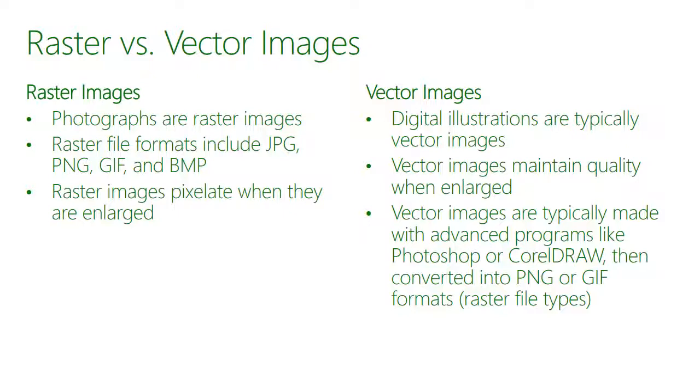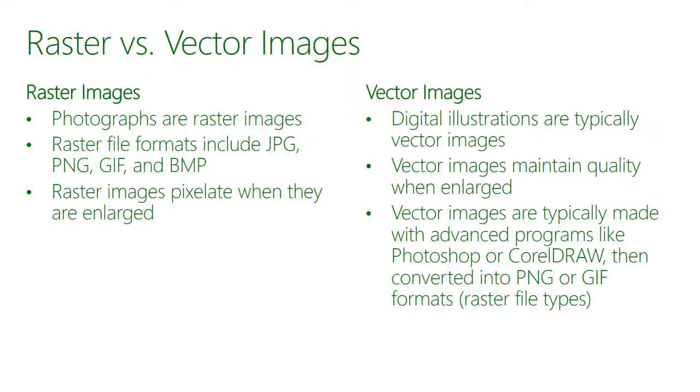So what's the difference then between raster and vector images? As I said, raster images are photographs, and the file formats include JPG, PNG, GIF and BMP. Raster images may pixelate when they're enlarged. If they're low resolution and you make them a lot bigger, they will lose quality.